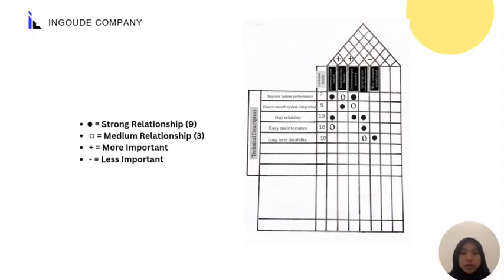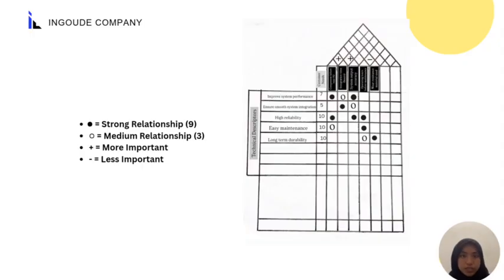So I will explain about the HOQ. The HOQ is a structured tool that helps us translate customer needs into technical requirements. It starts with identifying what the customer really wants and then links those needs to measurable engineering characteristics. As you can see at the left side of the table, we have listed five key customer needs. First, improve system performance.